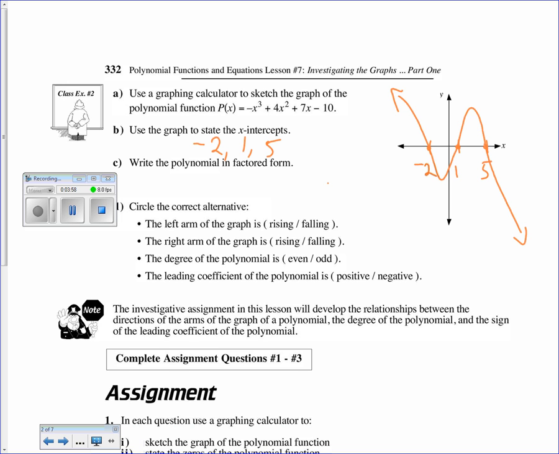But when I convert those into factors, I've got a problem. And you're going to help me identify that problem. I need to check out what my constant value is and what my leading coefficient is. 2 times -1 times -5 is actually plus 10, and I have a -10.